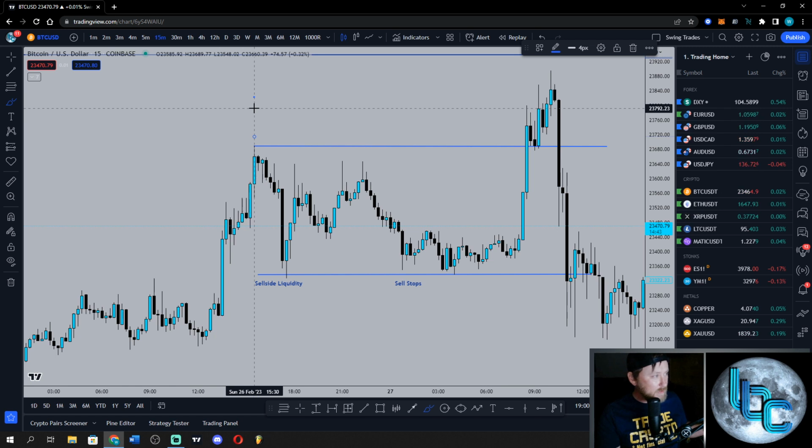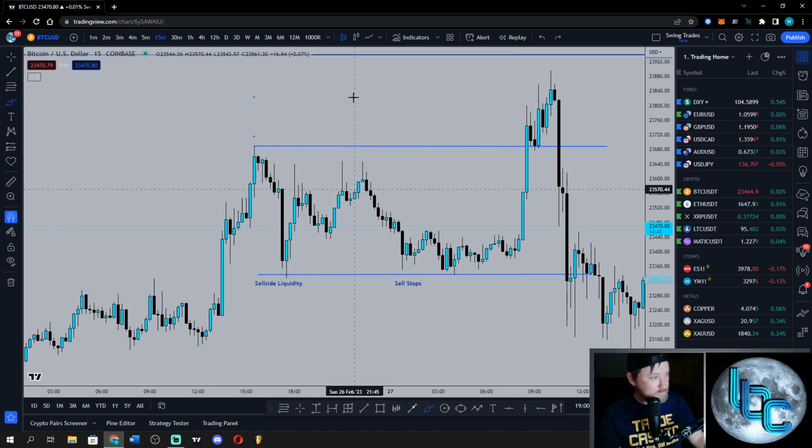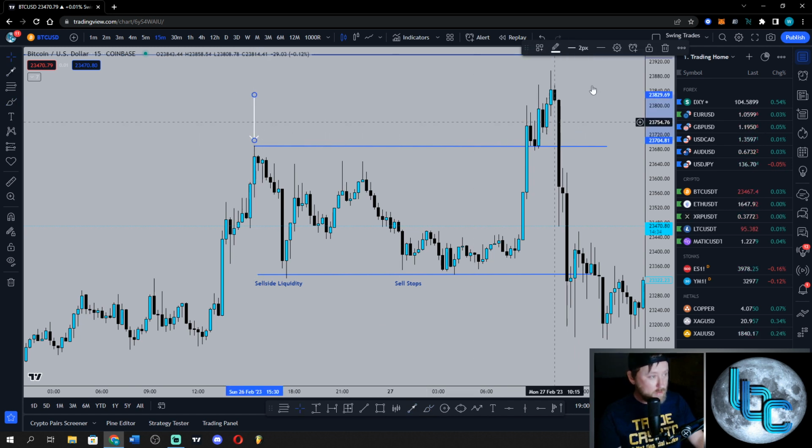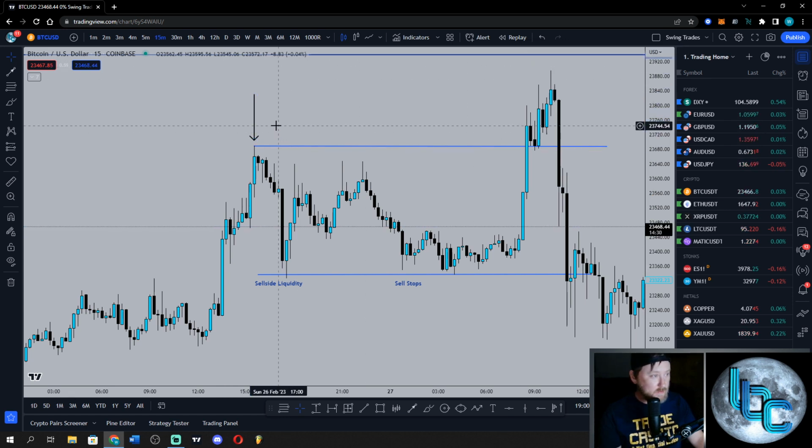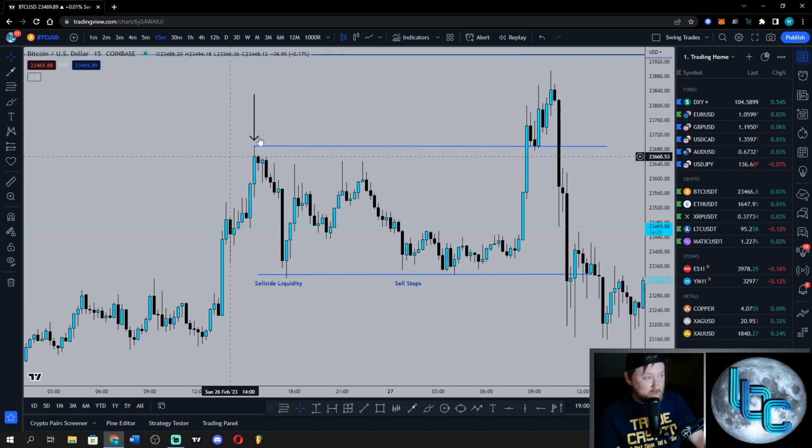Can you see that? I need to make that black. Right there. If anybody went short right here, or right here, or right here, you've got buy stops resting up here and up here, and sell side liquidity down here.